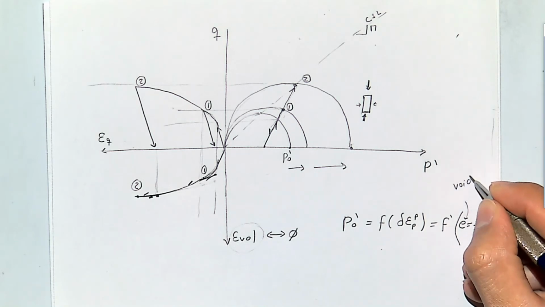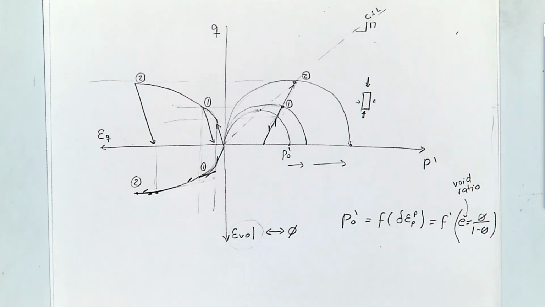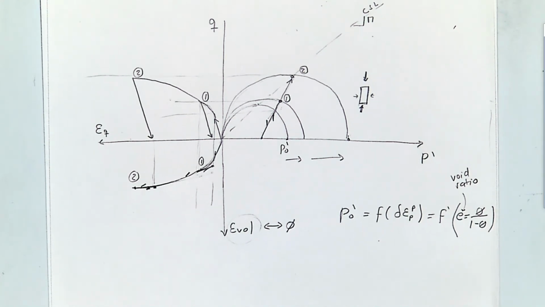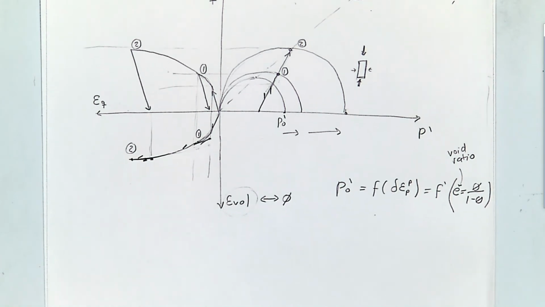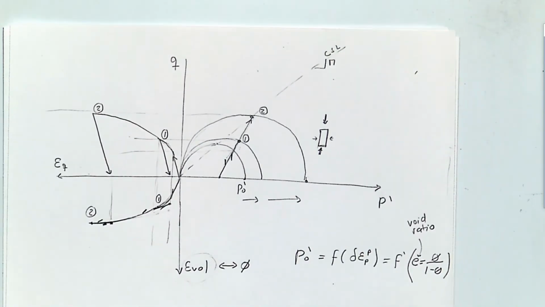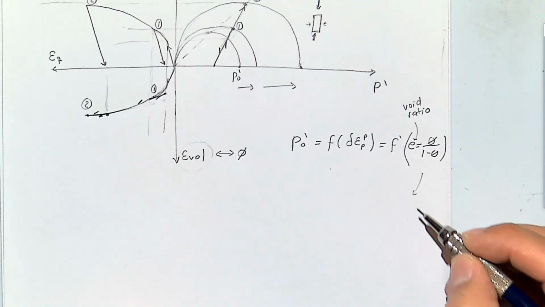Is any of you familiar with this definition of void ratio? It's just an alternative version of porosity. For example, let me do it down here.